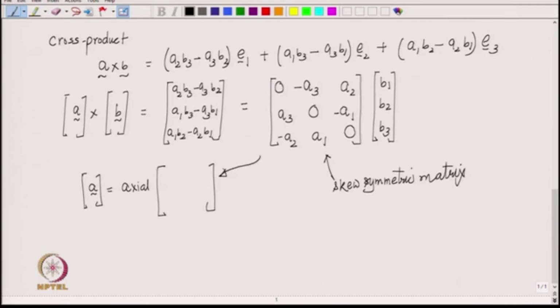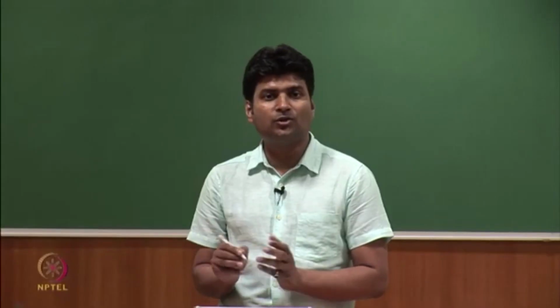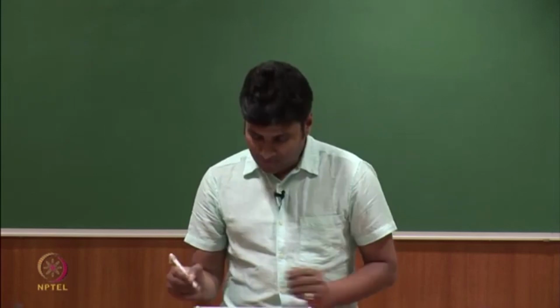So, whenever you have a skew symmetric matrix, you can form a column from the 3 entries in that skew symmetric matrix, or whenever you have a column you can form a skew symmetric matrix in the way I just told you. All right. So, this is a different way to visualize the cross product. Okay.